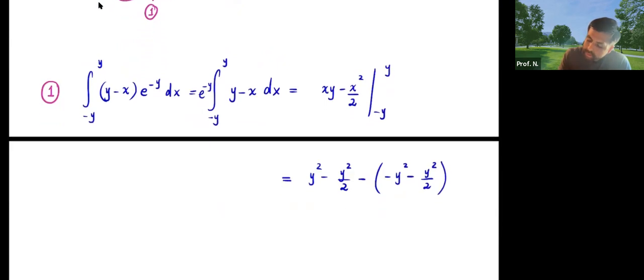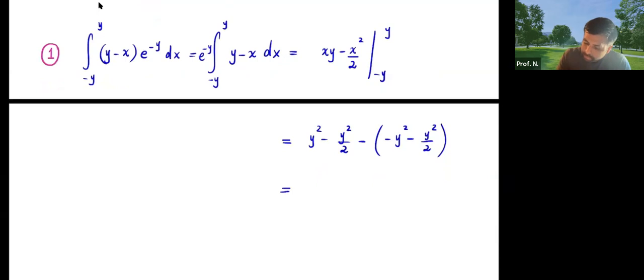Let me just see. Okay, just want to make sure everything's okay. So y squared minus y squared over 2 plus y squared plus y squared over 2.